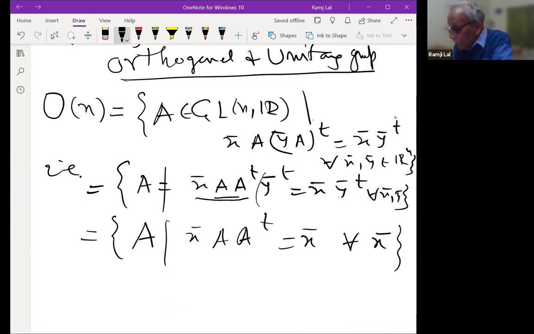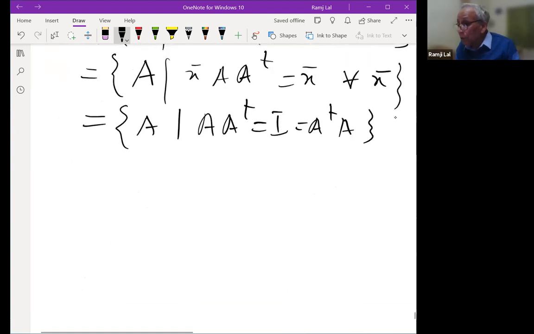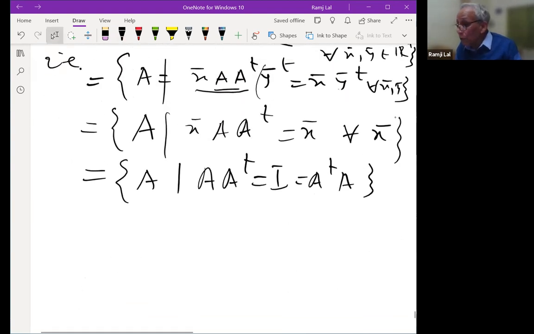This simply means that A transpose is the identity, and that means also A transpose A is the identity. So this is the group which you had already been working with: the orthogonal group, which keeps the Euclidean form invariant. And similarly, you have the unitary group. So this is called the orthogonal group.